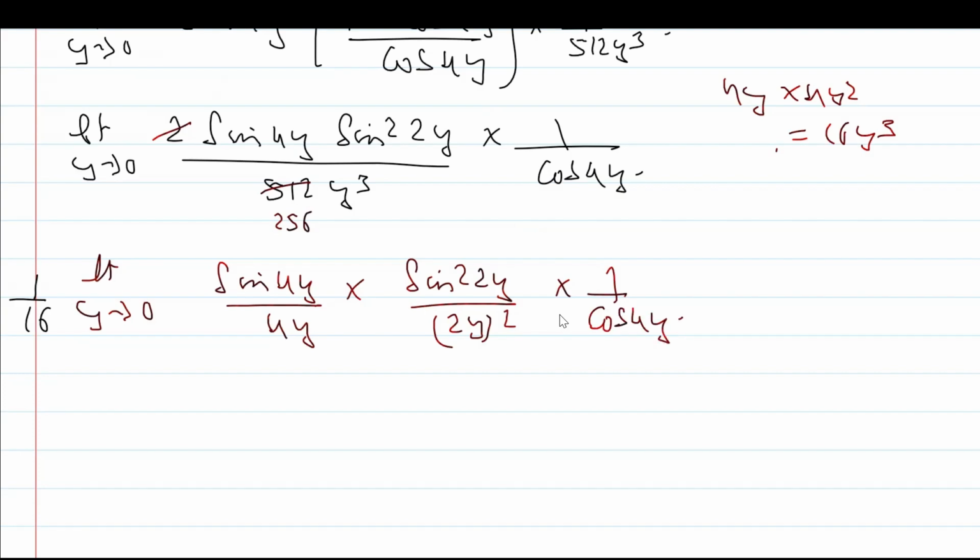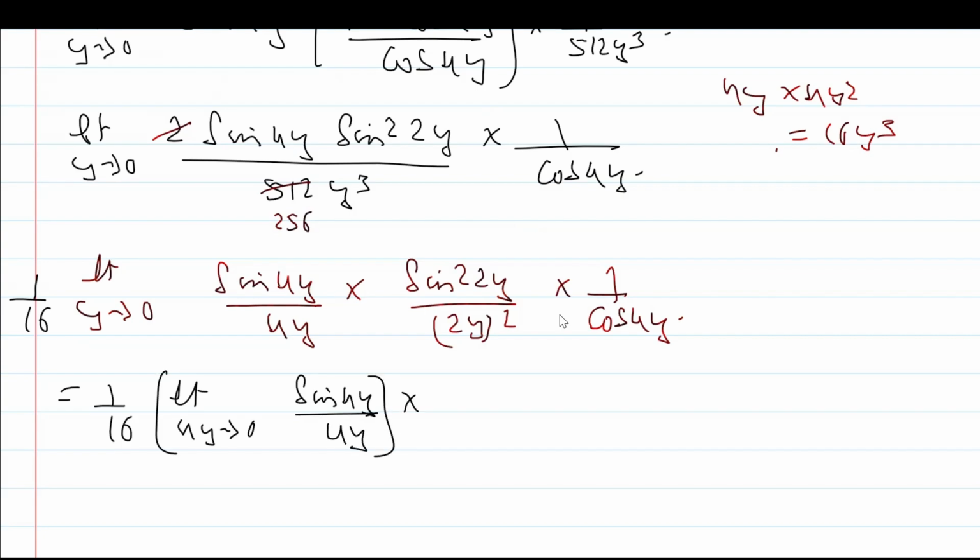Now applying the limit over here, but before that, one more step of simplification, that is 1 over 16. This is limit y tends to 0, which implies 4y tends to 0. This is sine 4y over 4y, and into that I can also write limit 2y tends to 0.